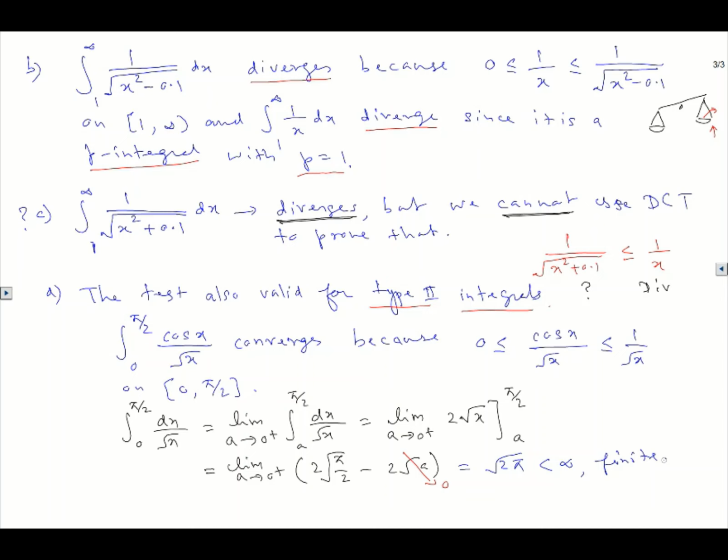So you can solve it: the integral of dx over square root x from 0 to pi over 2 converges.